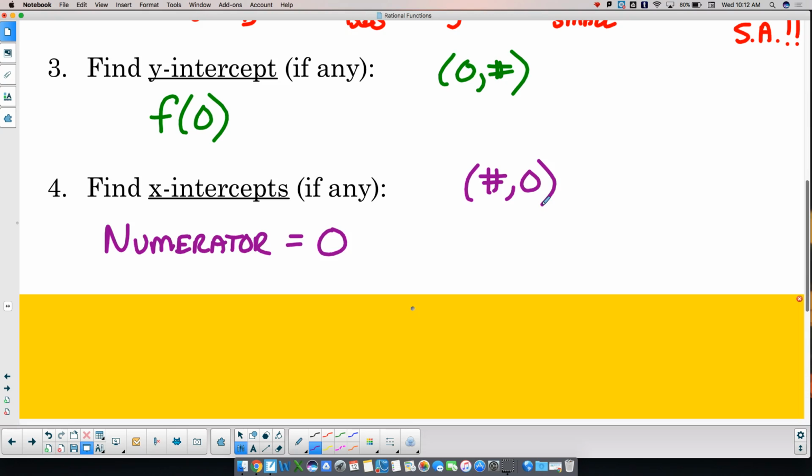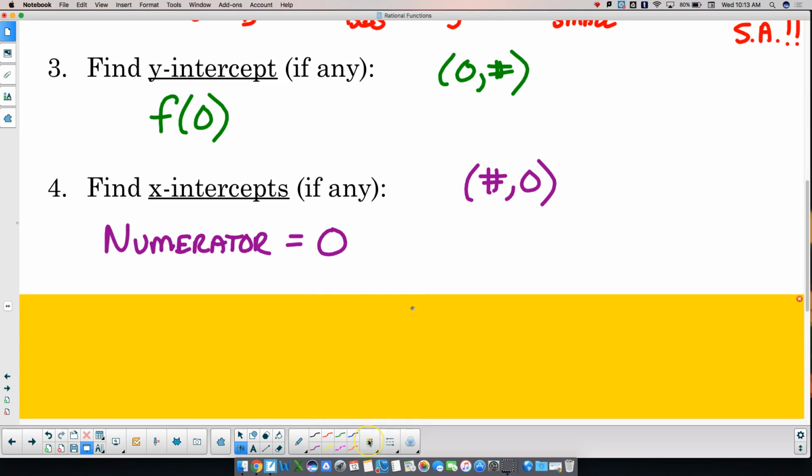So whatever the degree of the numerator is, that's how many x-intercepts I will have. Whatever the biggest exponent is on top, that's how many x-intercepts I have on my graph. Okay? Step 5 then.